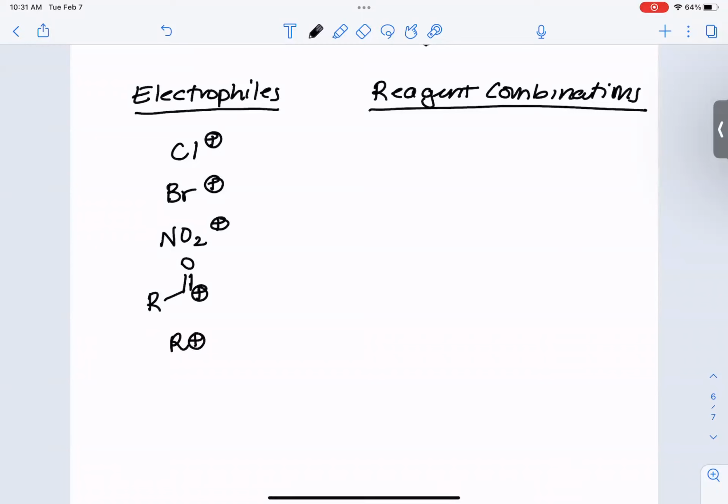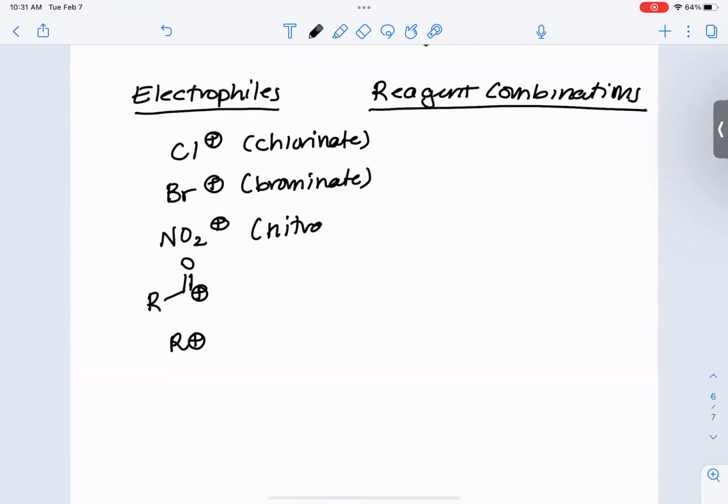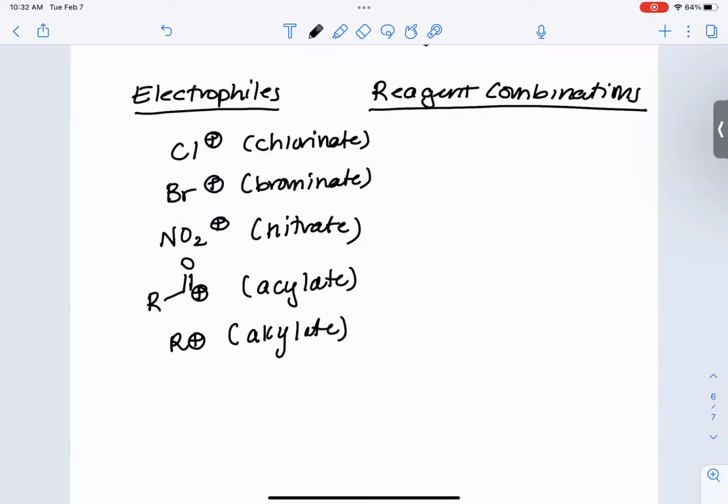So we are going to learn to chlorinate, brominate, nitrate, acylate, and alkylate benzene rings.